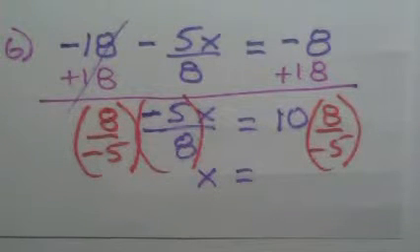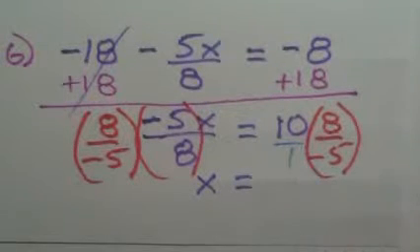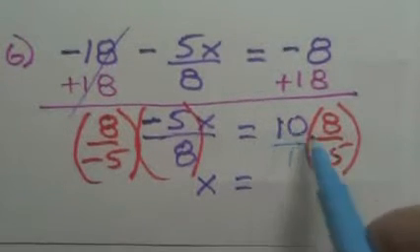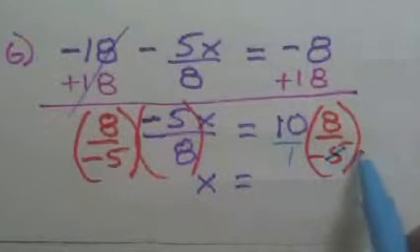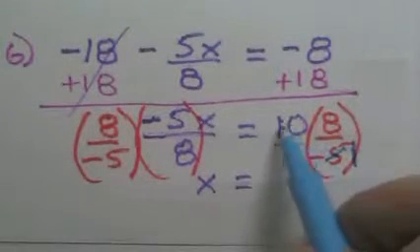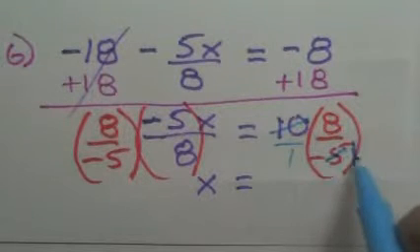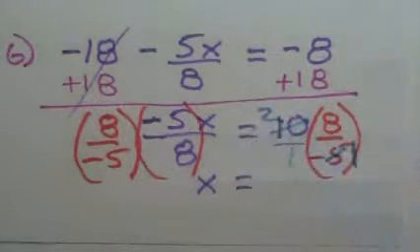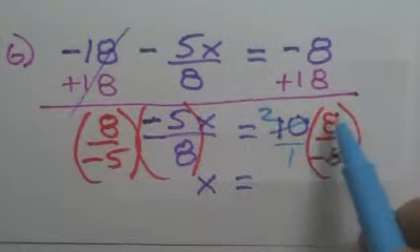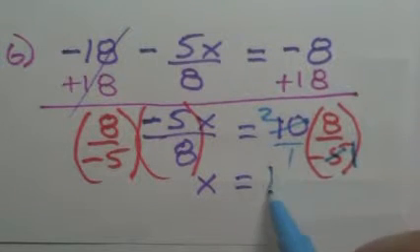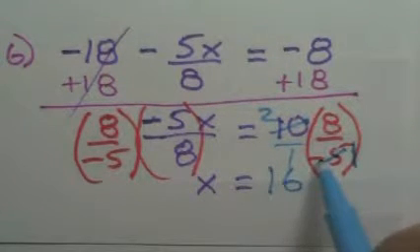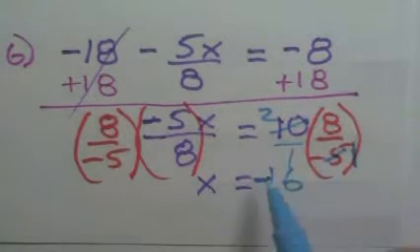And on the right side, let's see, that's like a 1 under there, if you want. 5 goes into 8 once, and 5 goes into 10 twice. So you have 2 times 8, well, that's 16. And there's one negative. So it's negative.